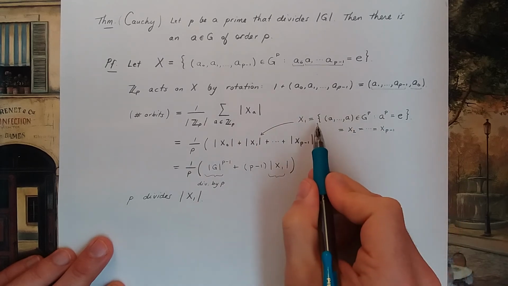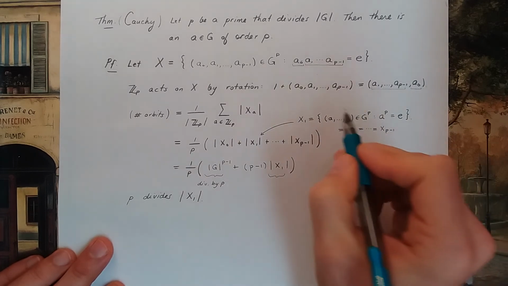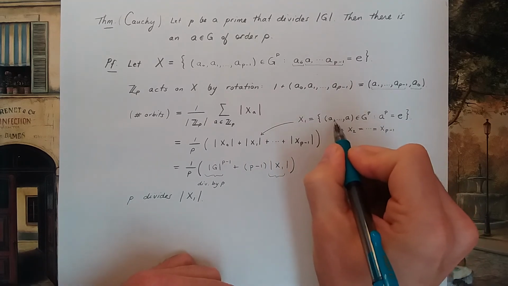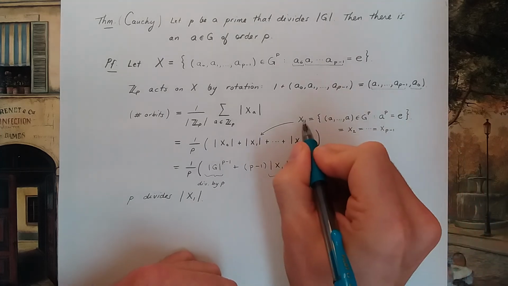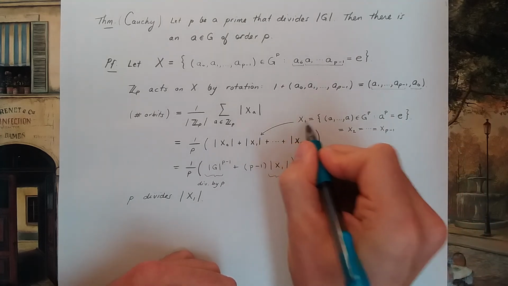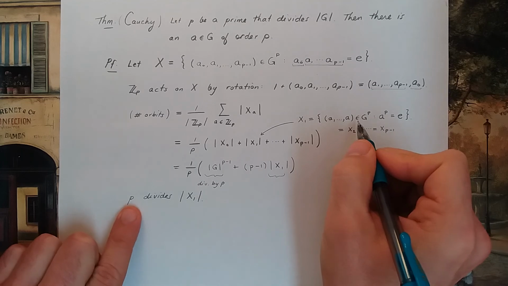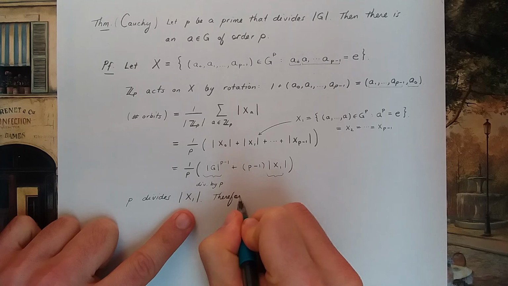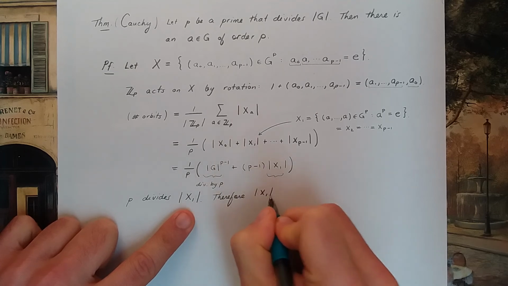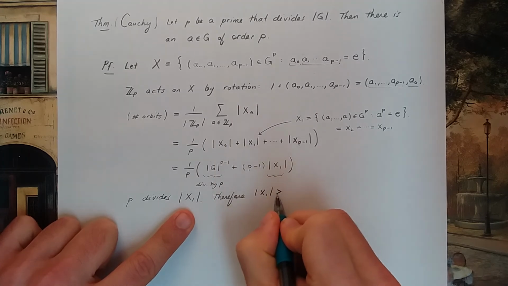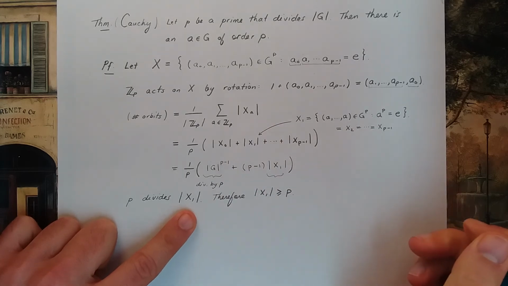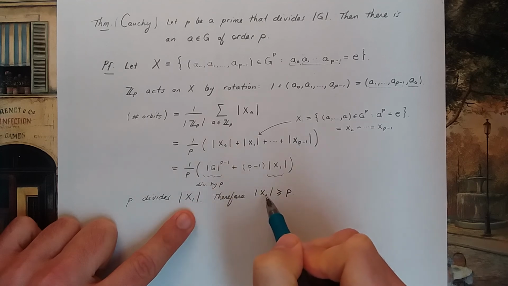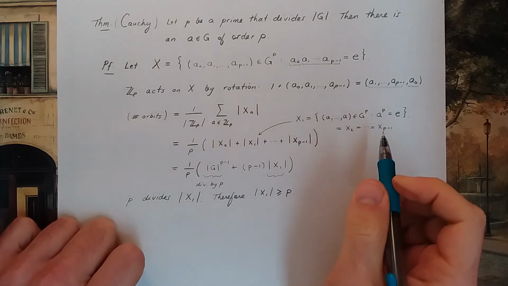Now the size of X1 is not 0 because the identity element satisfies this condition. So there's at least one element in X1. It's the identity element. And since a prime divides the size of X1 and it is not 0, the size has to be bigger than or equal to p.